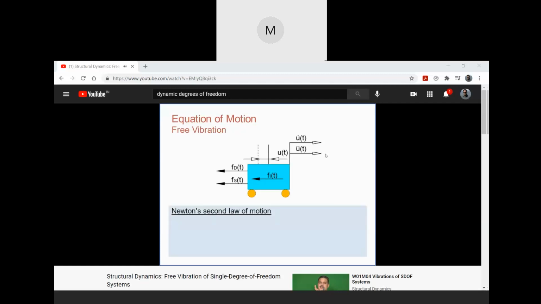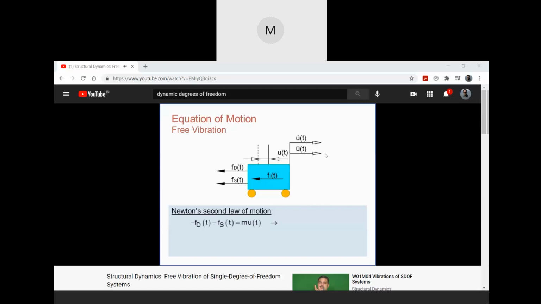In the first of the two approaches, the equation of motion is formed using Newton's second law of motion. Newton's second law of motion states that the resultant force acting on a body is equal to the body mass times the acceleration.